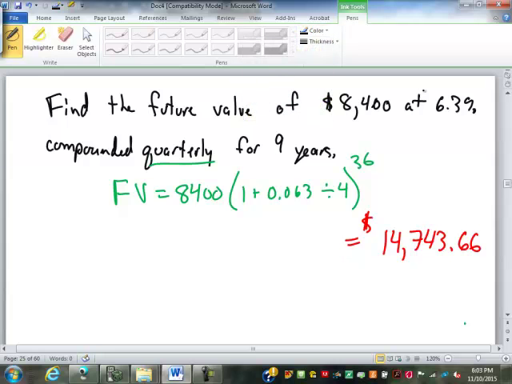Now, there is a table in the book that for special circumstances works well. This table is on page 459. And it is labeled the future value or compound amount of $1.